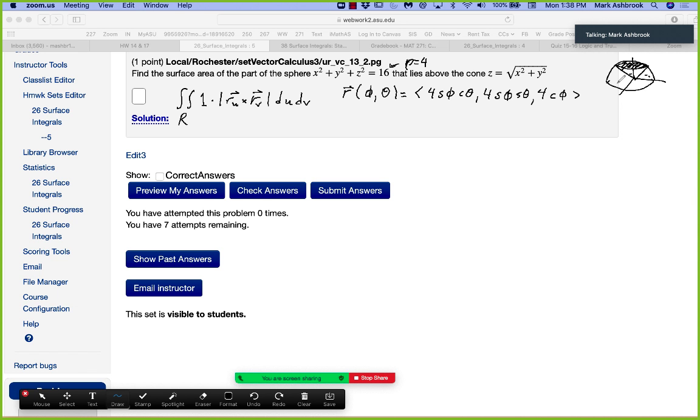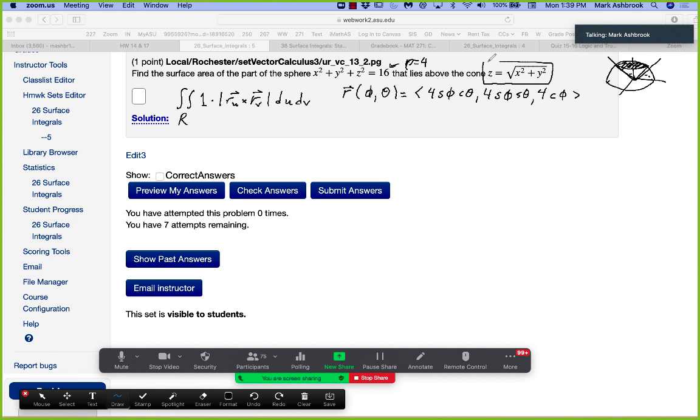Okay, and then we want that only for the part of the sphere here, so that part of the sphere is just a matter of what our limits are. So what angle phi is equivalent to that cone right there? Do you remember? Standard reference cone? 0 to pi over 4.